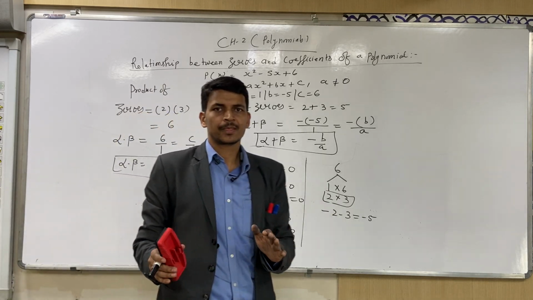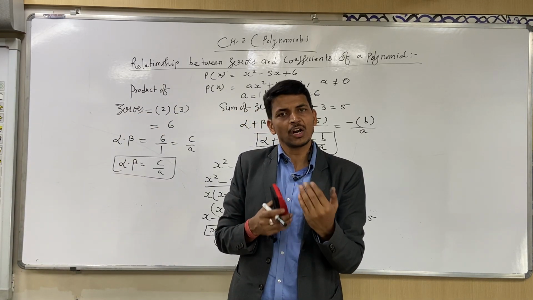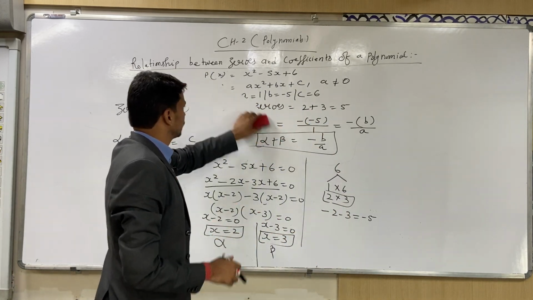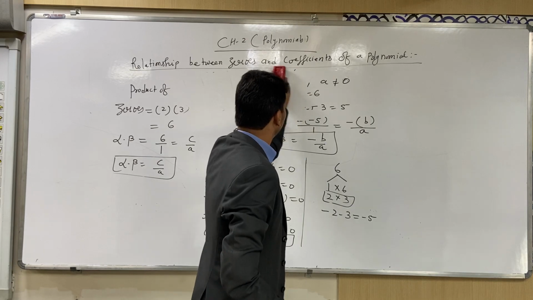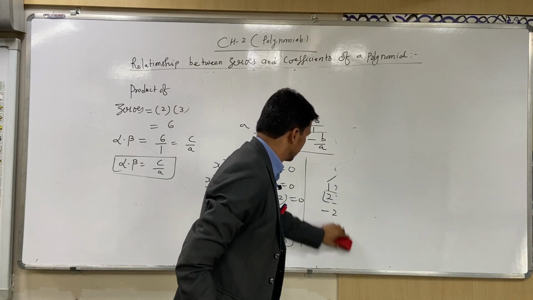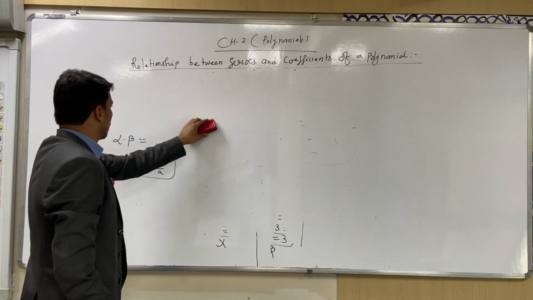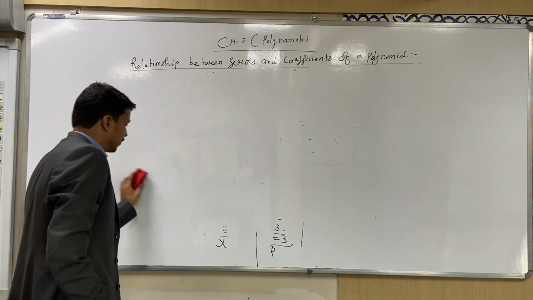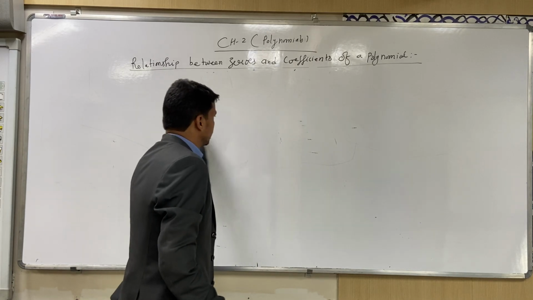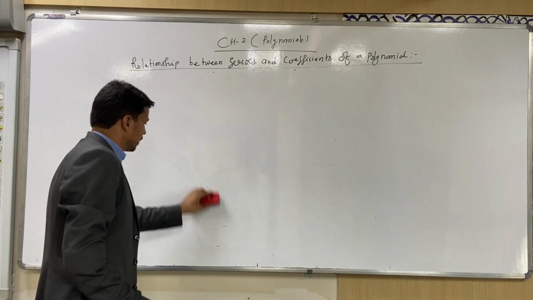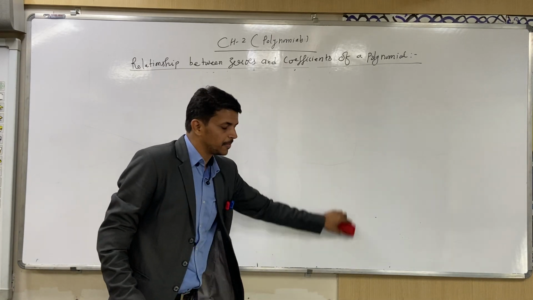As I said, let us talk about in what way the question will be asked to us. So again I'll take one simple example. The question will be asked in the way: find the zeros of the given polynomial and verify the relationship between them.